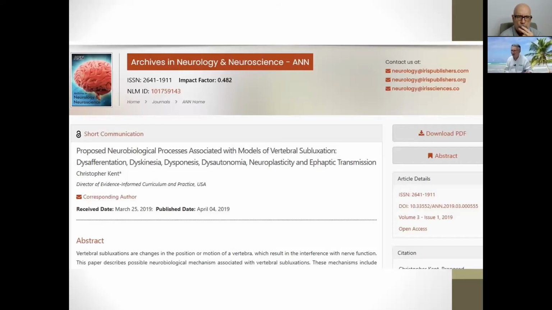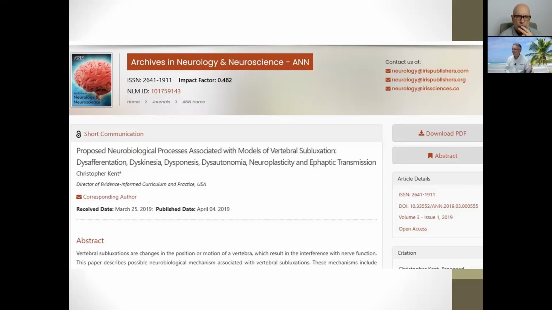So that's one way of assessing dyskinesia. Another is dynamic surface EMG. Dyskinesis, static surface EMG, is probably the best technology we have for that, where we're looking at tonic activity in the paraspinal muscles, looking at overall level, looking at left to right asymmetries, and looking at patterns.